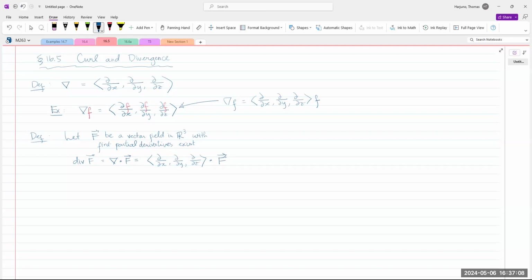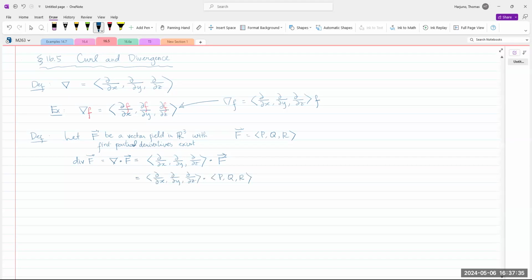And now suppose our vector field F, let's say that's P, Q, R. Then we can now write that as ∂/∂x, ∂/∂y, ∂/∂z dot P, Q, R. Is it right?